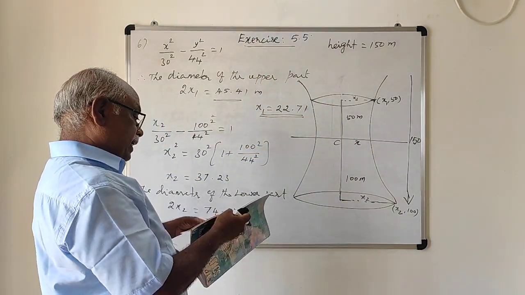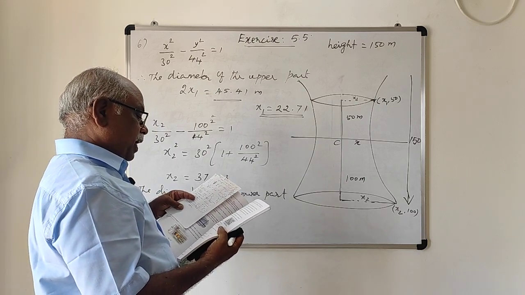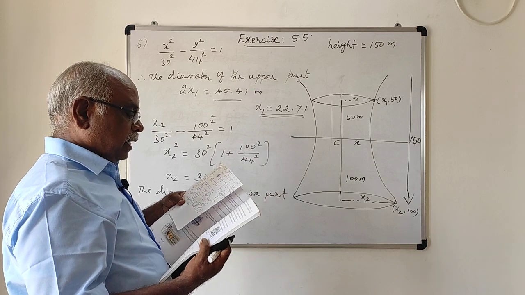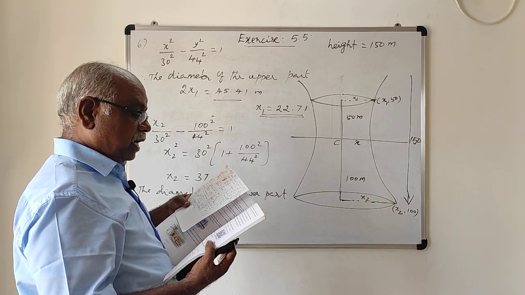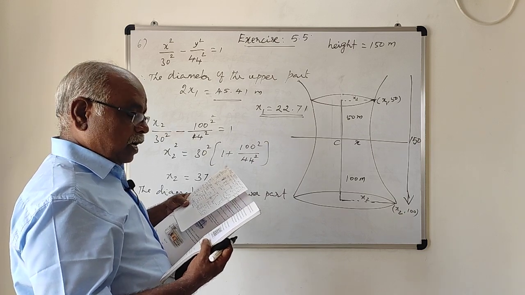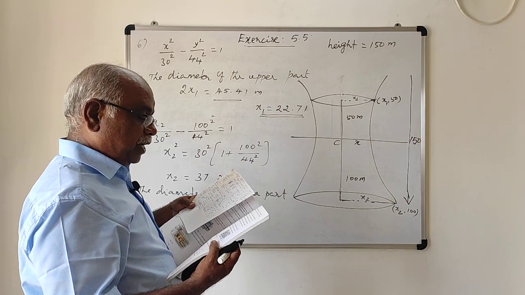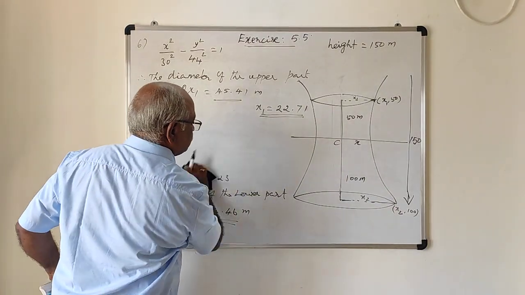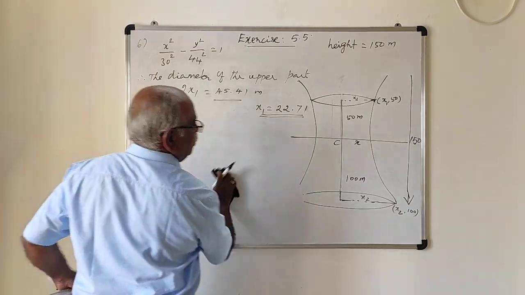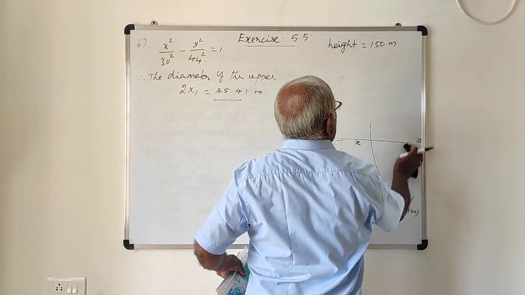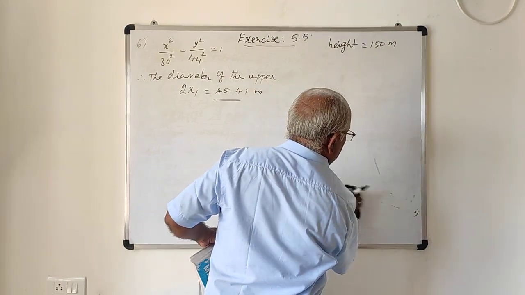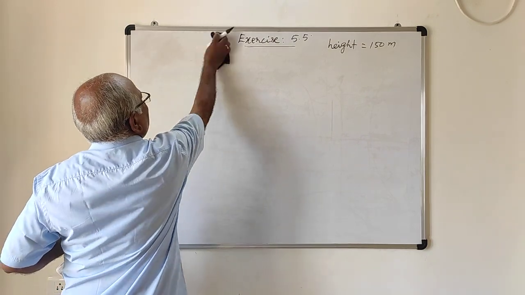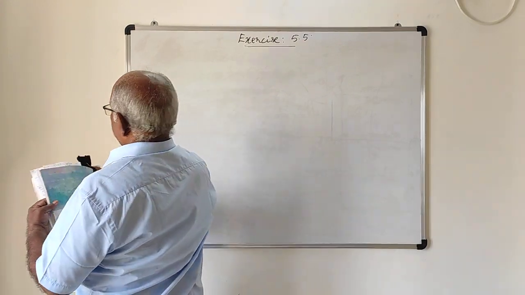And one more problem, the last problem in the exercise, is the 10th problem. Two points A and B are 10 kilometers apart, and it is determined from the sound of an explosion heard at those points at different times that the location of the explosion is 6 kilometers closer to A than B. See this 10th problem.